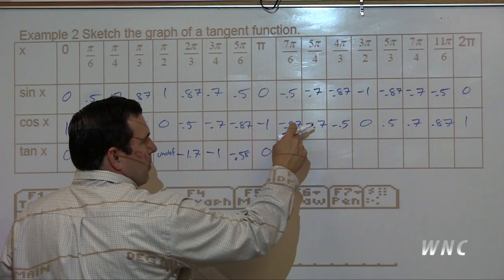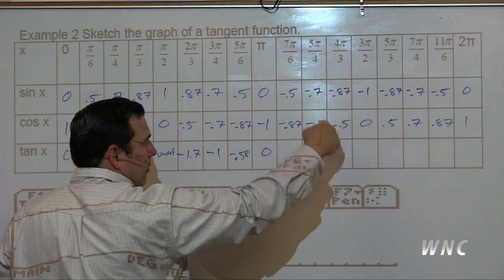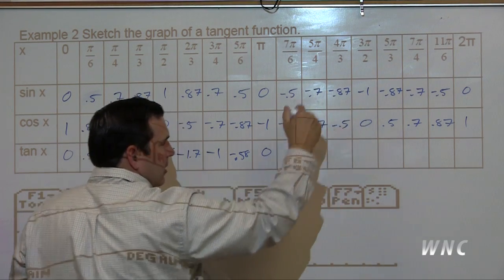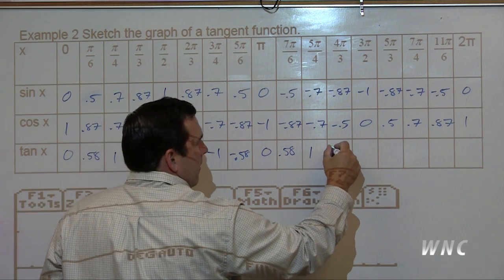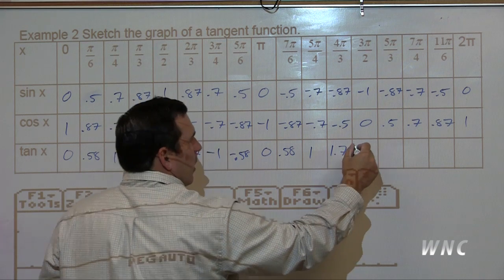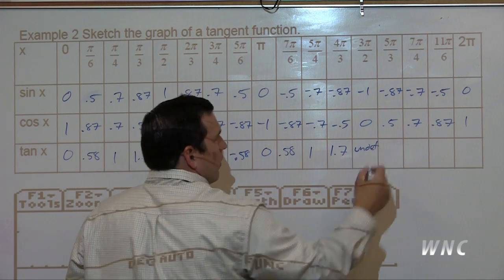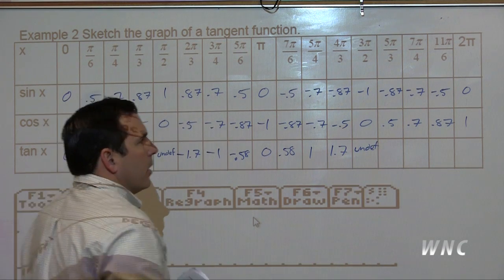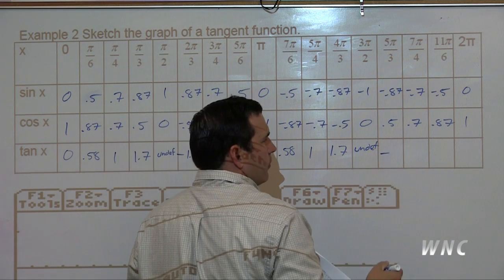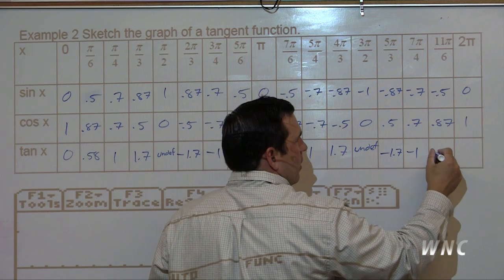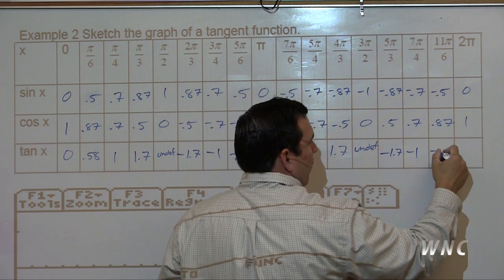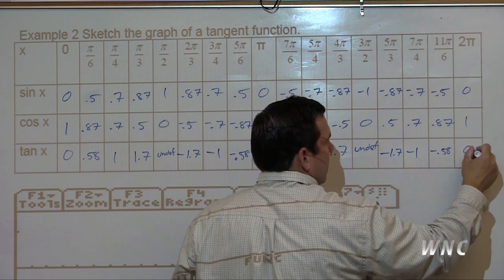Now negative over negative is positive. This is third quadrant. Sine and cosine are both negative. This is where it's going to be positive again. So 0.58, 1, 1.7, undefined. And then we're at negative 1.7, negative 1, negative 0.58, and 0.